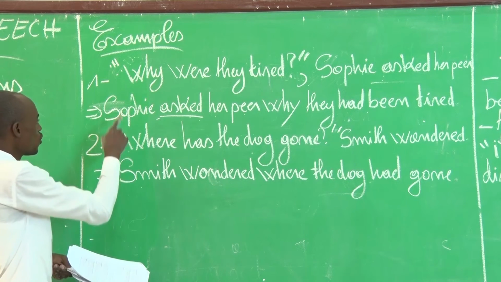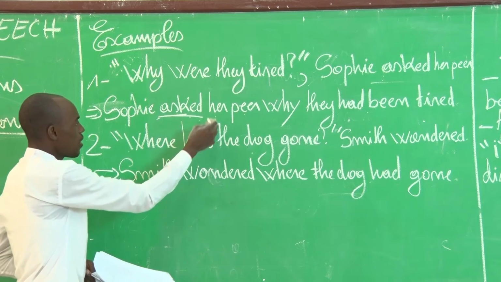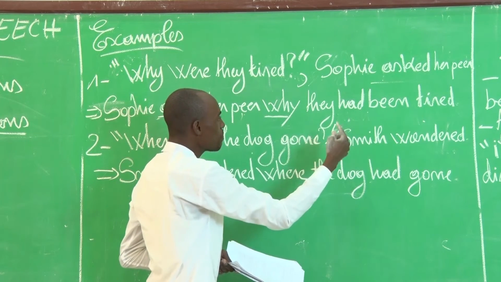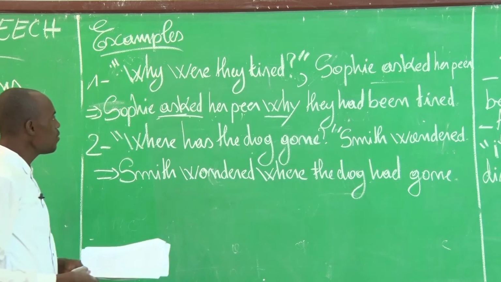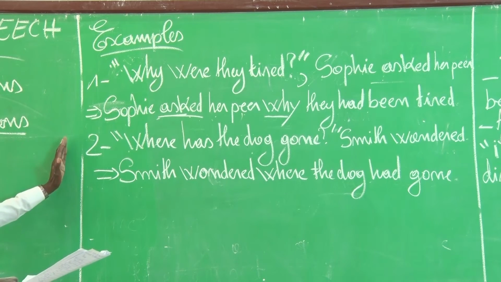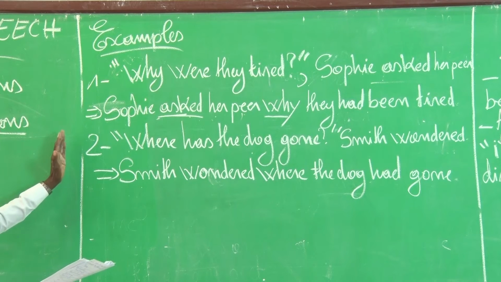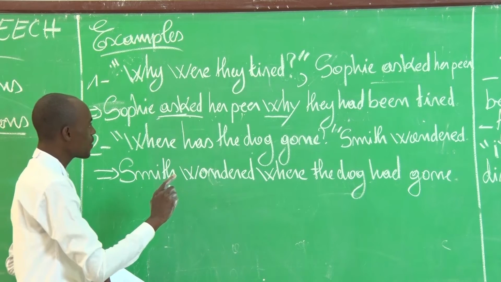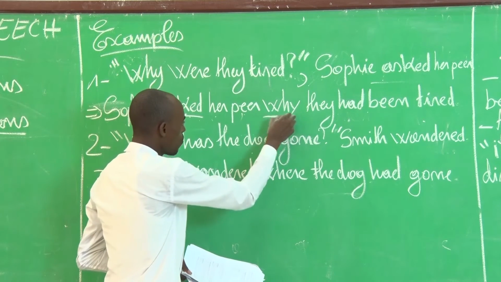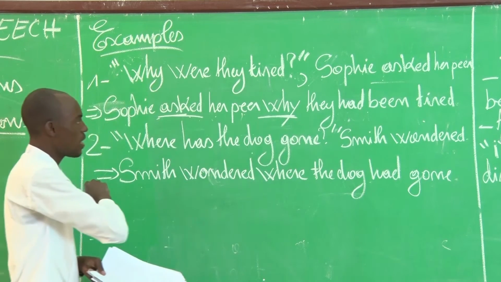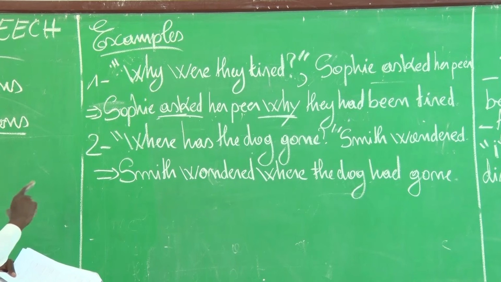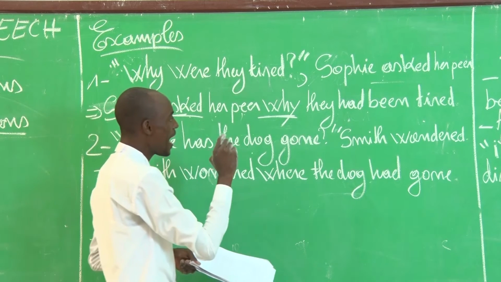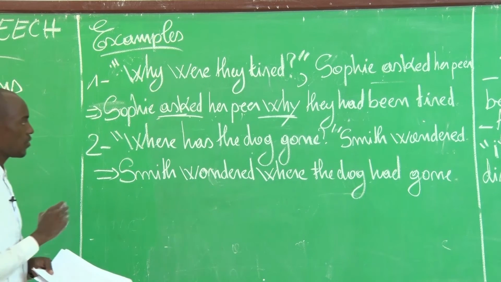Nous avons Sophie asked her peer why they had been tired. And in reported speech, when dealing with double H questions, we keep the interrogative word. We cannot delete it.